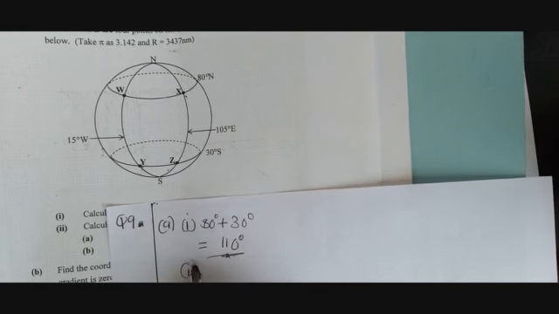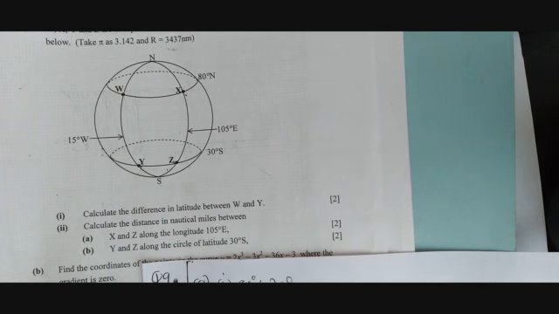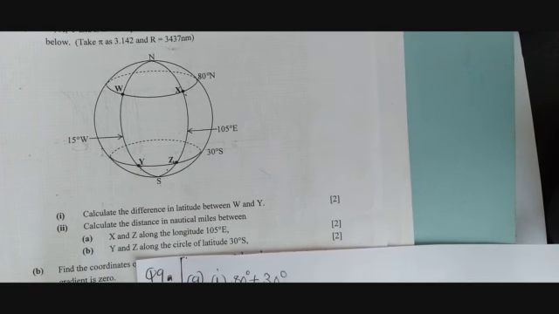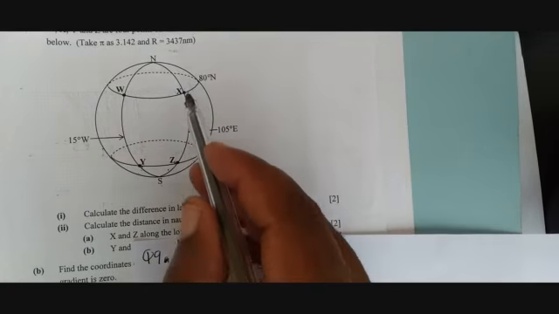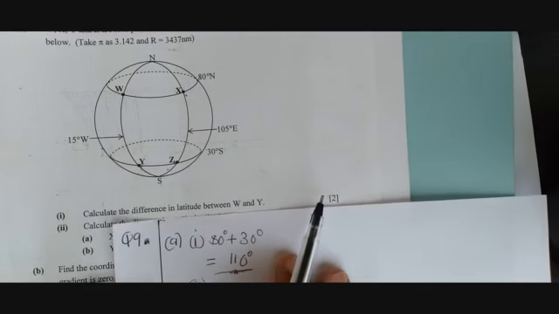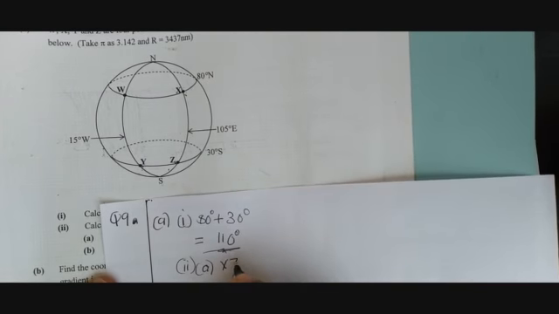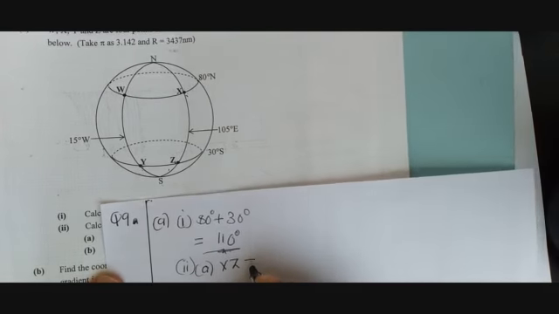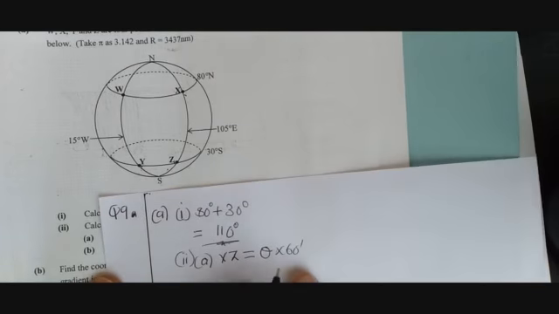So Roman numeral 2A, what is it saying? Let's calculate the distance in nautical miles between X and Z along longitude 105. If it is in nautical miles, we'll say the distance between X and Z is equal to theta times 60 minutes.